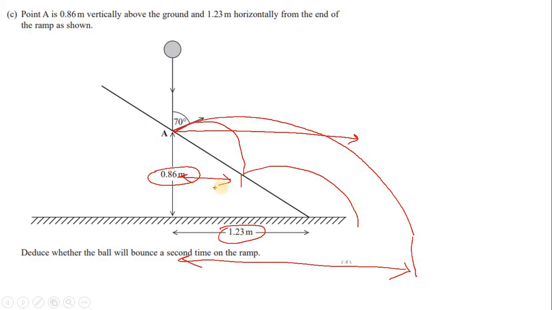If we figure out the horizontal distance, let's suppose s, and if this s is less than 1.23, then we will say that indeed the ball will bounce. And if the horizontal distance that we found is greater than 1.23, then of course there will be no second bounce, it will bounce after the ramp. So we compare the horizontal distance. That's the idea behind deducing the condition.